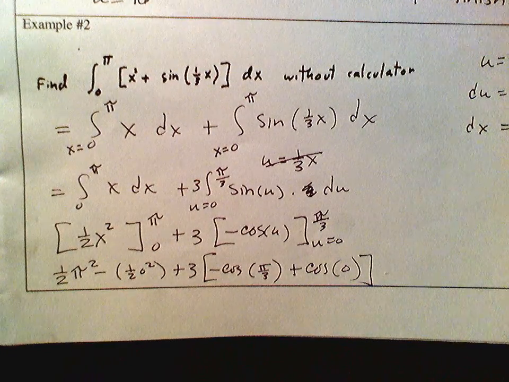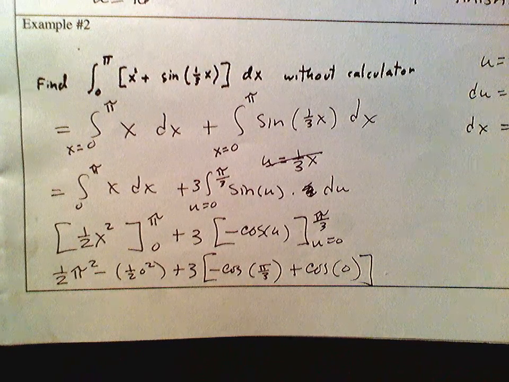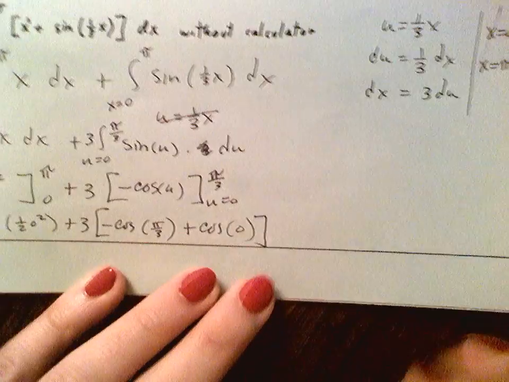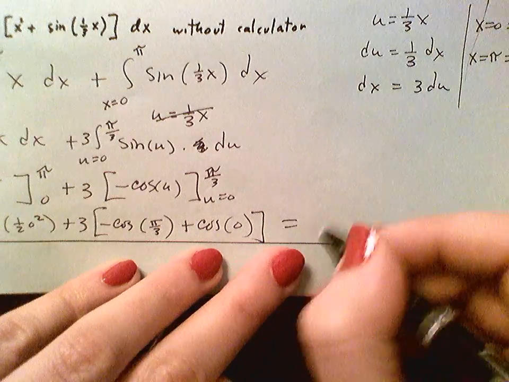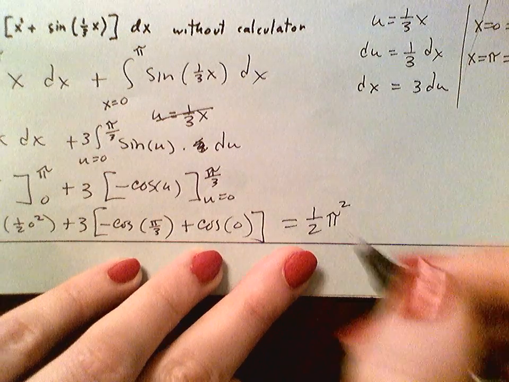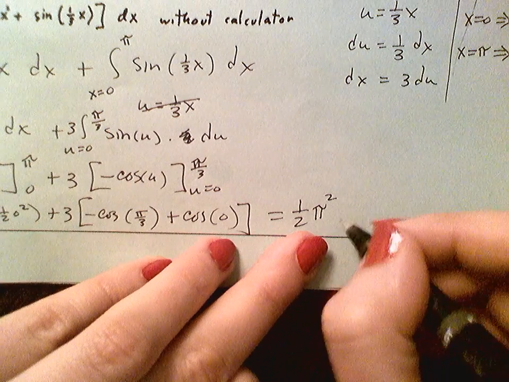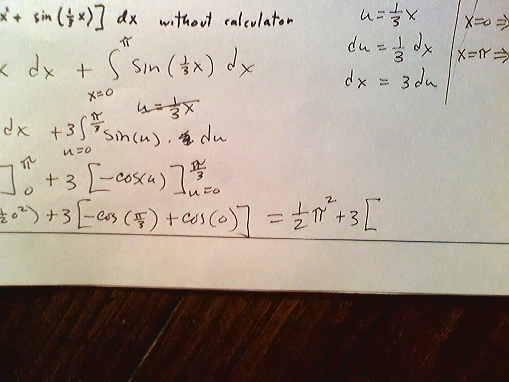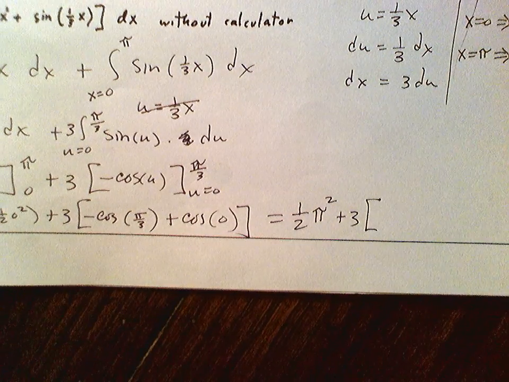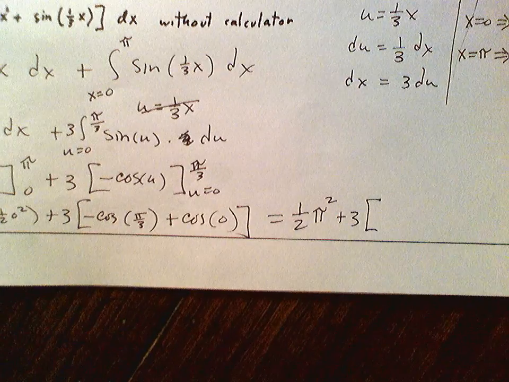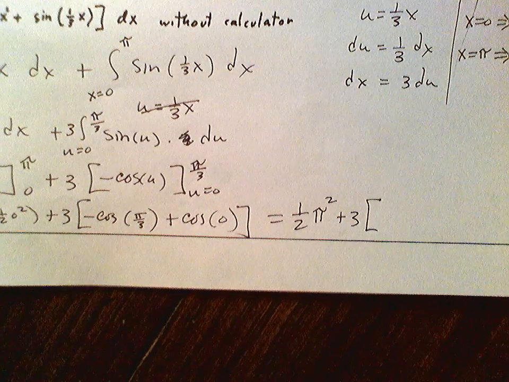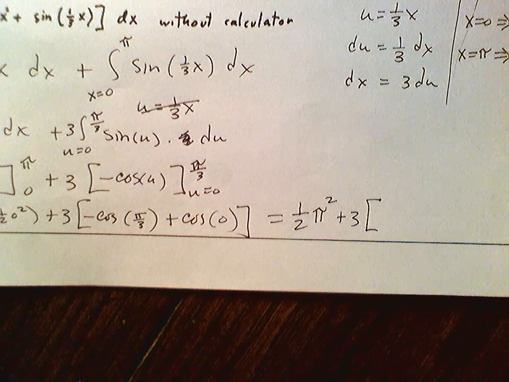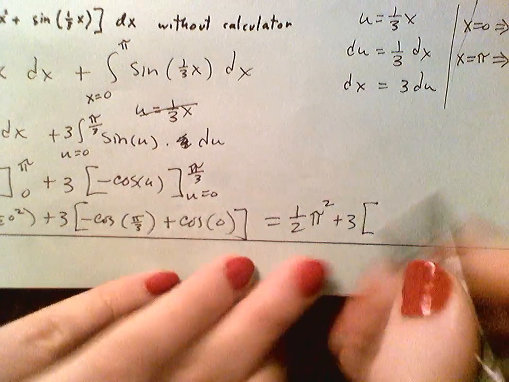Now I don't have my calculator on me, so I'm going to have to think a little bit. So go ahead of me if you've got this. This is just 1/2 pi squared plus 3. Okay, so let me think. So I got 30, 60, 90, so cosine of pi over 3 is 1/2.